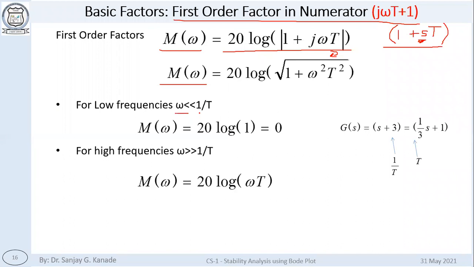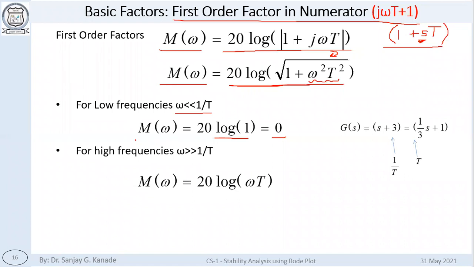Now, the approximation that I was talking about is this one. We are going to use a huge frequency range. When omega is quite smaller than 1 by T, if you substitute here, this term will be 0, and what remains is log of 1, which is 0.